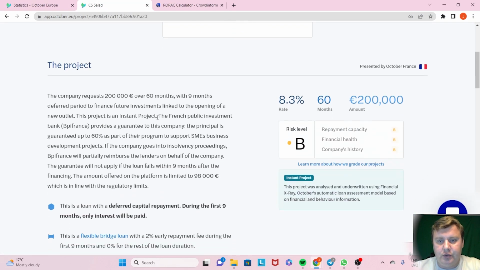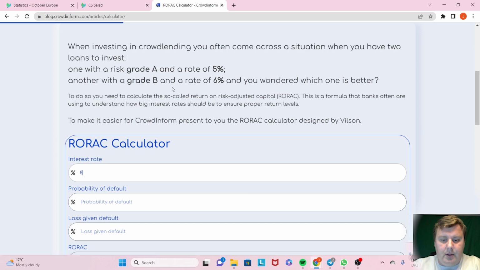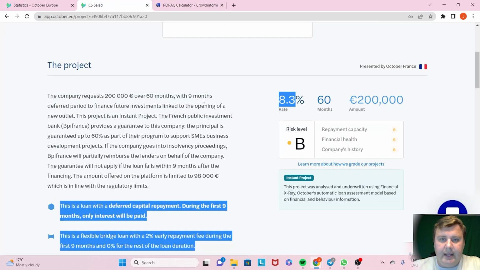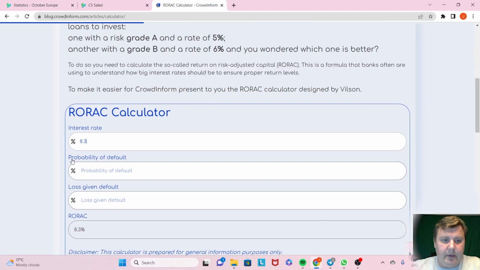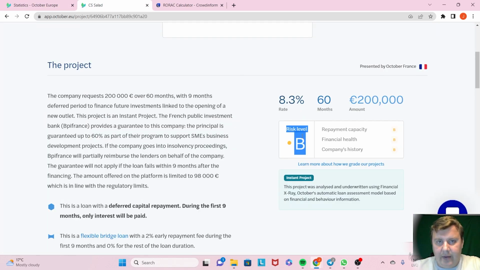We have chosen this project, and to start calculating we need the basic data like the interest rate, 8.3. The next thing we will need is the probability of default, and usually the probability of default should be represented by the rating, but most platforms, when they present a rating, just show that the financial situation is good, the management is average, the market is like this and that.